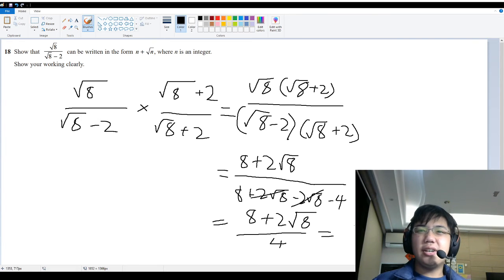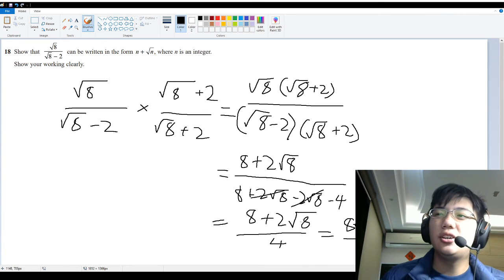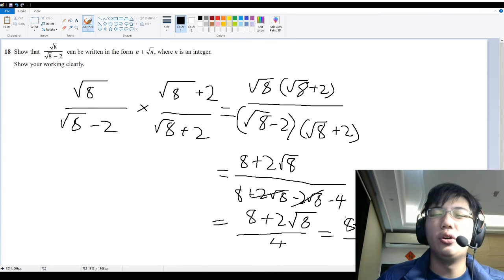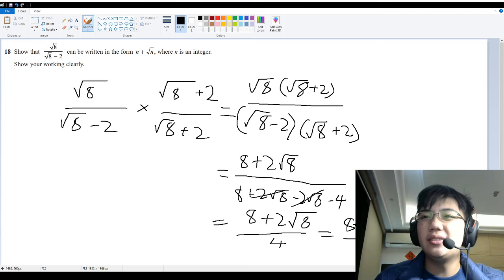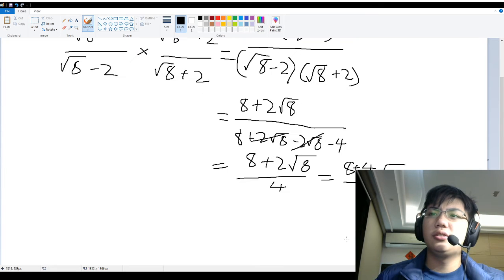And then you can simplify the numerator by saying 8 plus 4 root 2, as 8 is 4 times 2 and root 4 is 2, so 2 times 2 gives you 4, and root 2 remains. And this is all over 4.